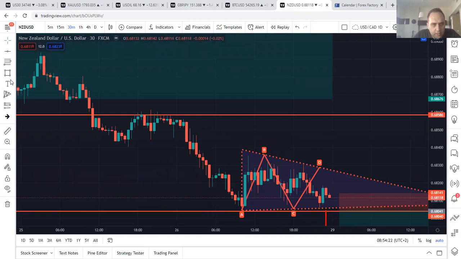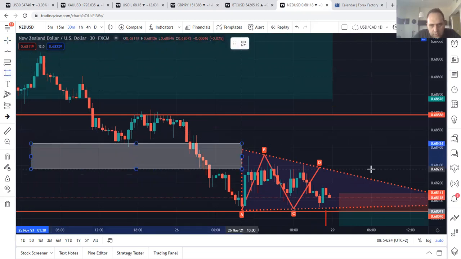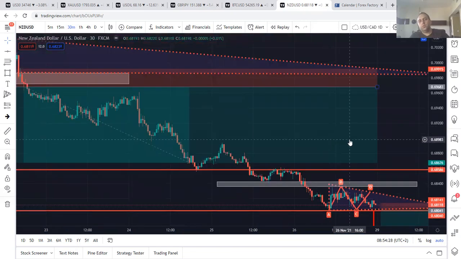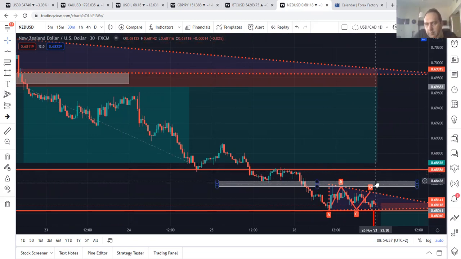As for the buy, you must wait for a break of this area. 0.6843 till 53. This is only a swing scalp trade. Buy 0.6843, 68.53, stop loss 33, 10 pips. Okay, only.